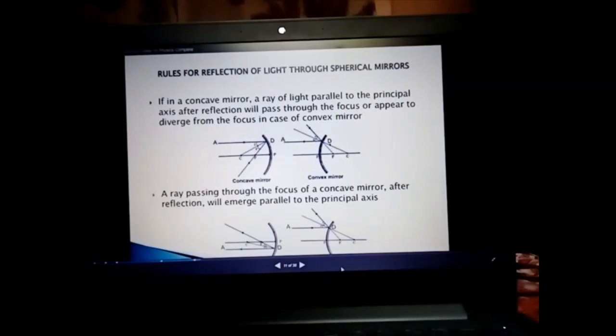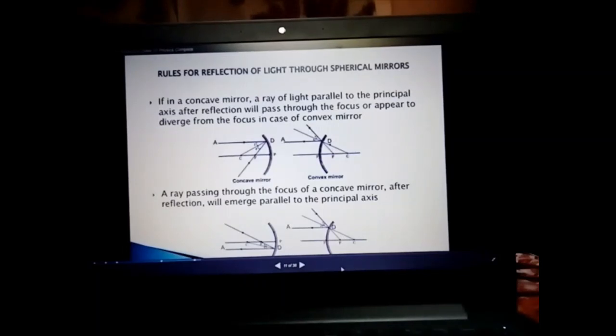The first rule says that if a beam of light which is parallel to the principal axis is coming and reflects from the mirror, it will go through the focus or appear to be going through the focus. In case of a concave mirror, a ray of light parallel to the principal axis will, after reflection, pass through the focus of the mirror.